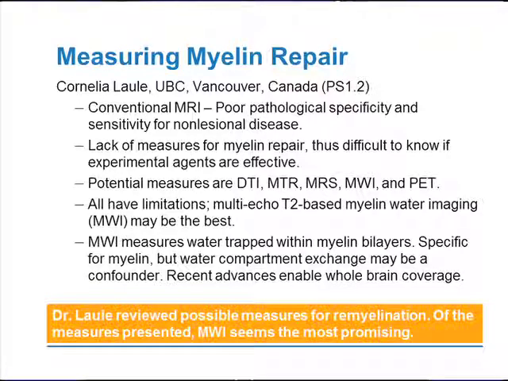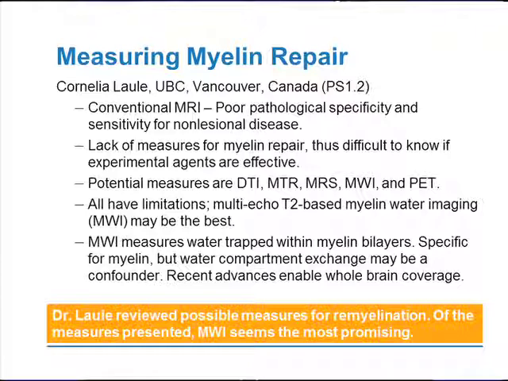So conventional MRI tracking that we have done with other sorts of disease-modifying agents has really poor pathological specificity and sensitivity for non-lesional disease. So this is going to be particularly problematic when we're looking at remyelination agents.